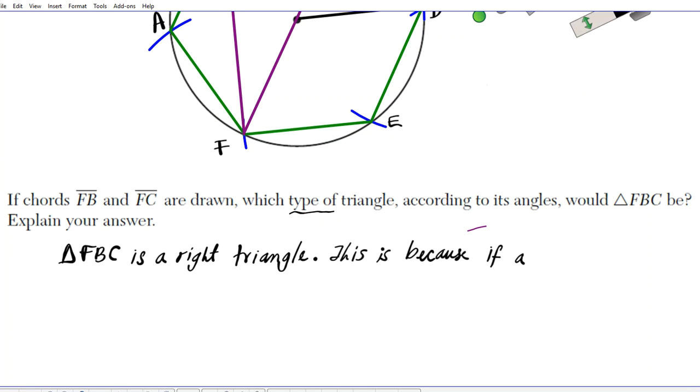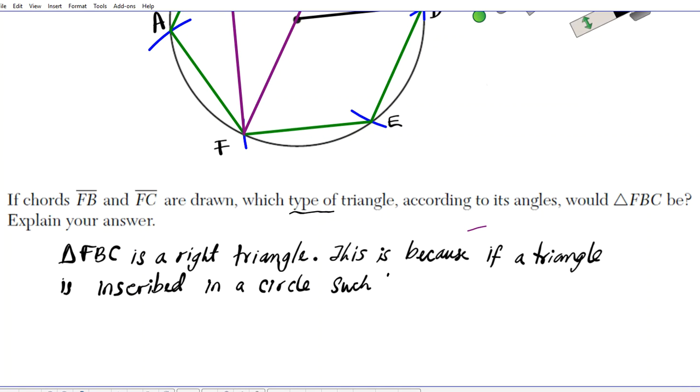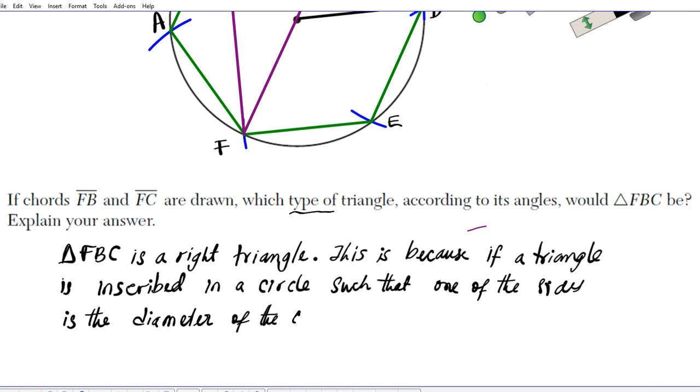If a triangle is inscribed in a circle, just like triangle FBC, such that one of the sides is the diameter of the circle, then that triangle is a right triangle.